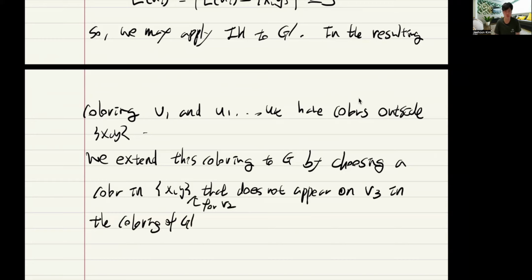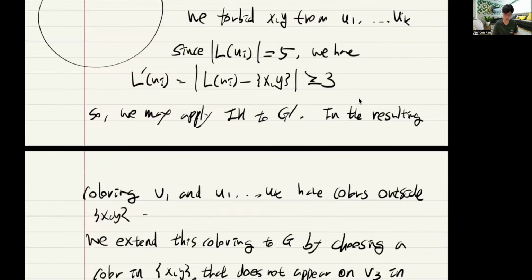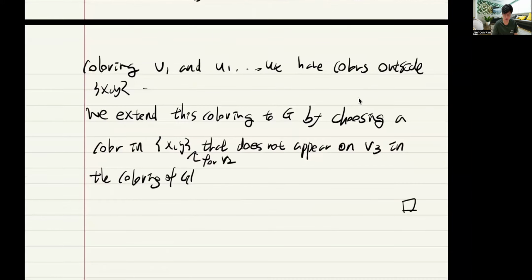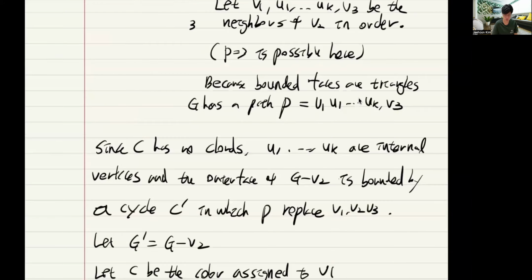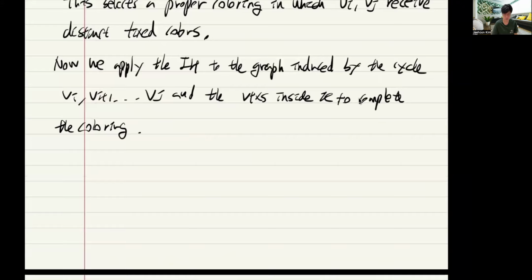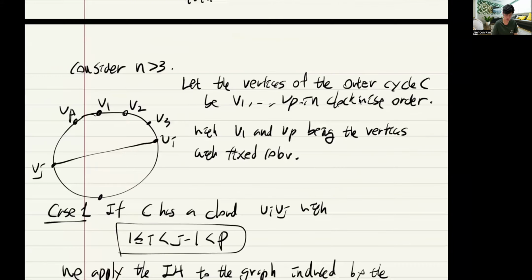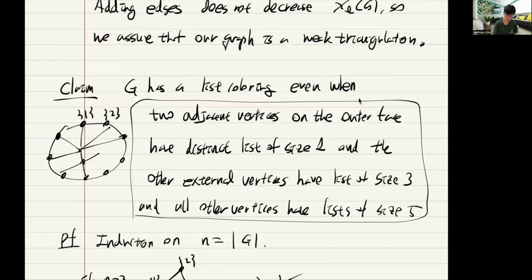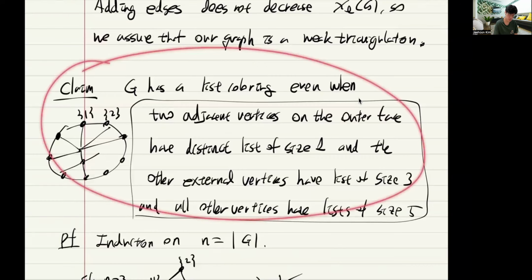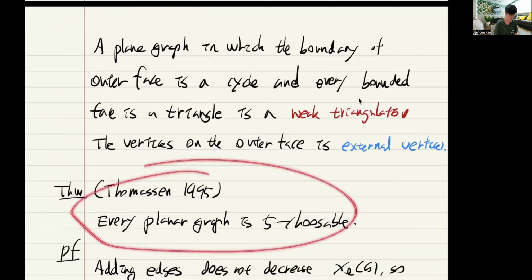And we use that to color P2. So that will complete the coloring. So this proves the claim, and then that implies that every planar graph is 5-choosable.